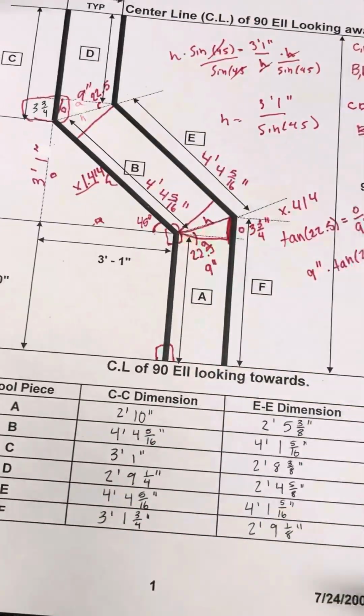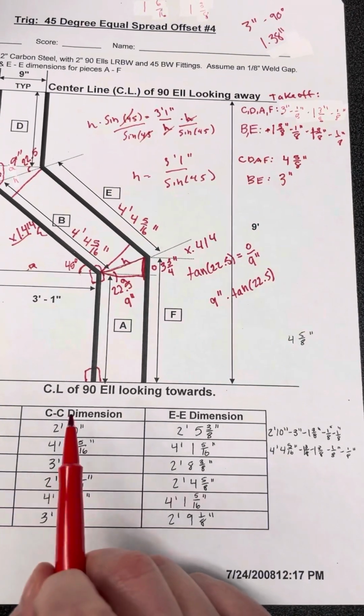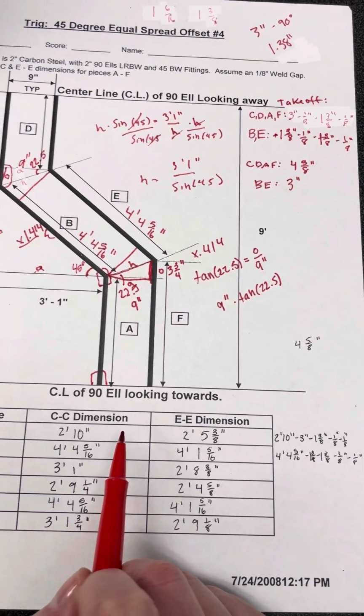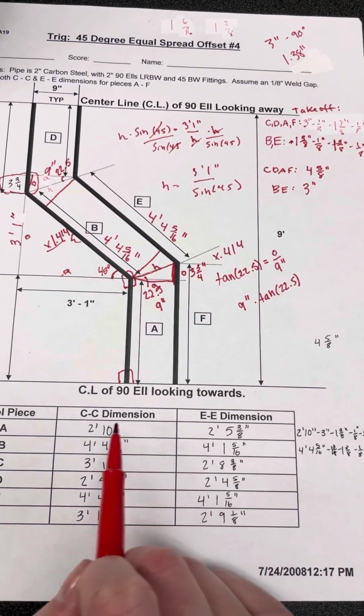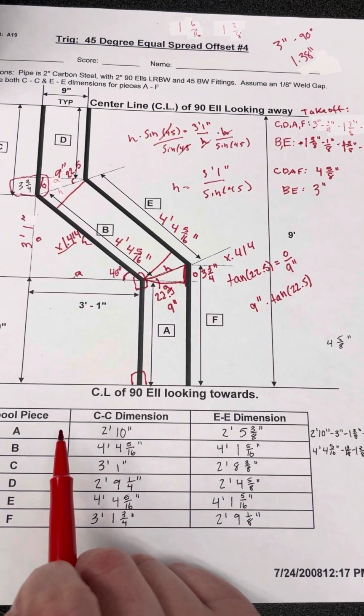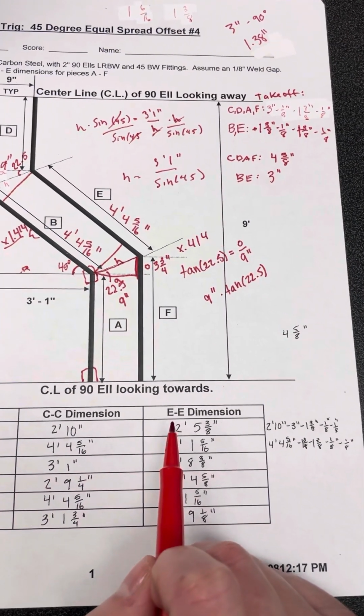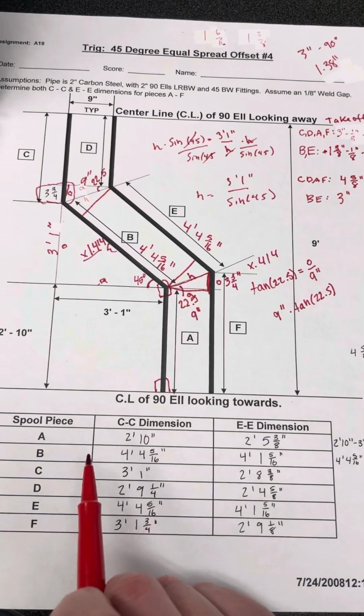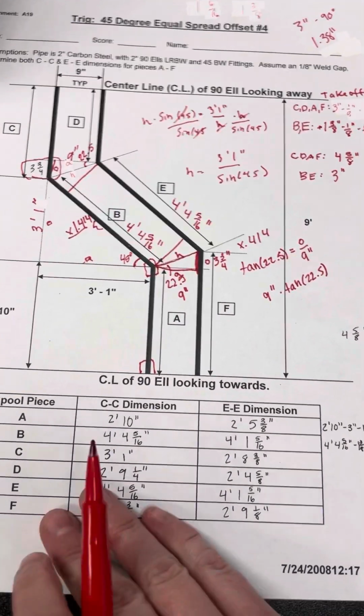All right, so what we're going to do is we're going to take our center to center dimensions, and then we're just going to subtract from C, D, A, and F 4 and 5/8 inches, and then from B and E we're going to subtract 3 inches.